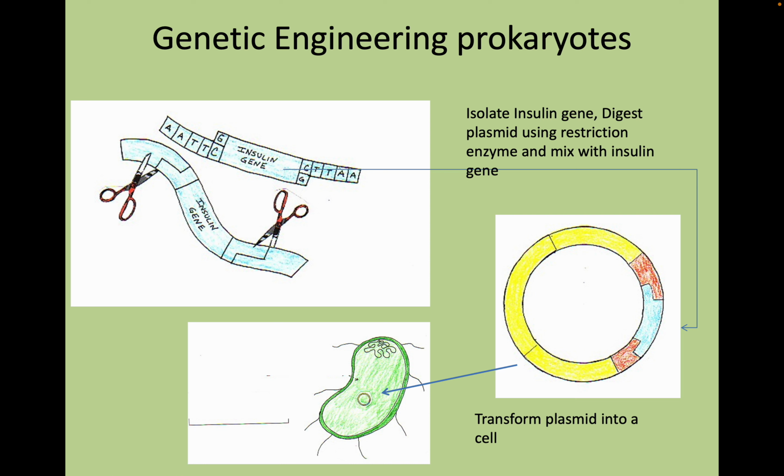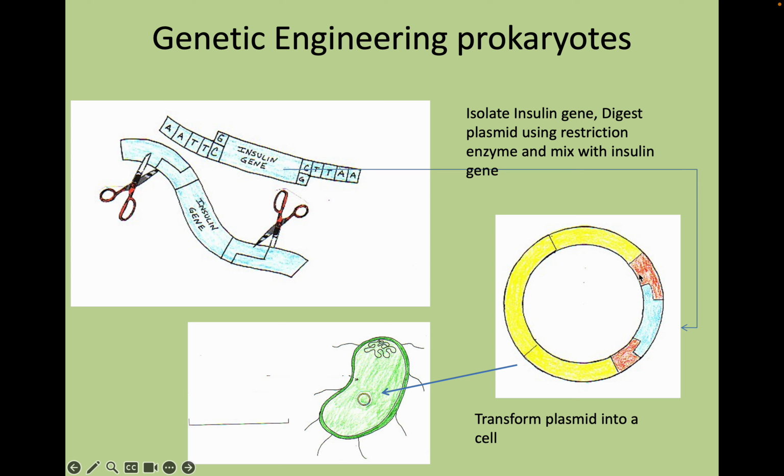All right, so let's talk about genetic engineering now. Something a little more positive. Genetic engineering in prokaryotes. Look at this. We've isolated the insulin gene, digest a plasmid using a restriction enzyme, and mix with the insulin gene. So we use a restriction enzyme to cut out the insulin gene and leave it with sticky ends.